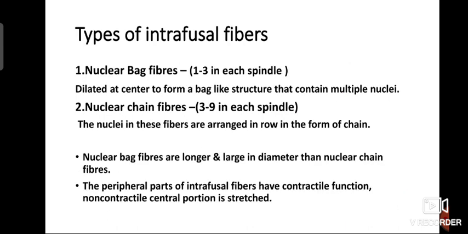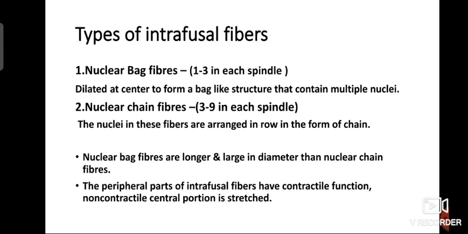Now next is the types of intrafusal fibers. They have two types. First is the nuclear bag fiber and second is the nuclear chain fiber. Nuclear bag fibers: 1 to 3 nuclear bag fibers are present in each spindle, dilated at the center to form a bag-like structure that contains multiple nuclei. Second is the nuclear chain fiber. They are 3 to 9 in number in each spindle.